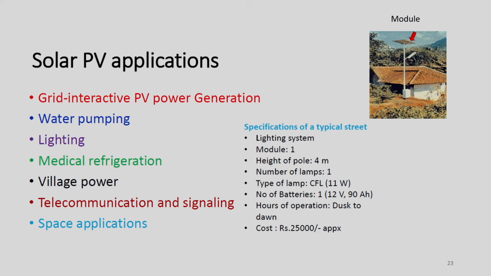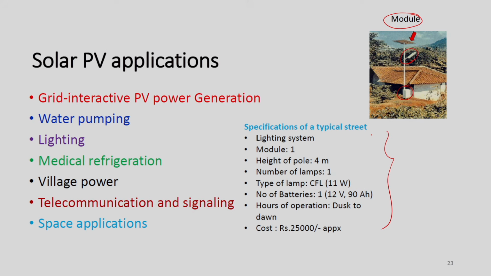What I am showing here is an application of a module for lighting. There is a battery bank here, and one charge controller, one module, and one tube or lamp. Normally CFL lamps are used. These are the specifications normally used for this kind of street light system.